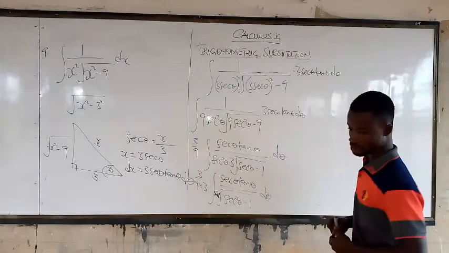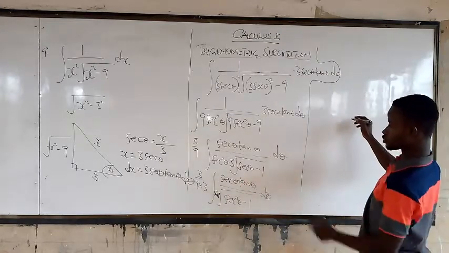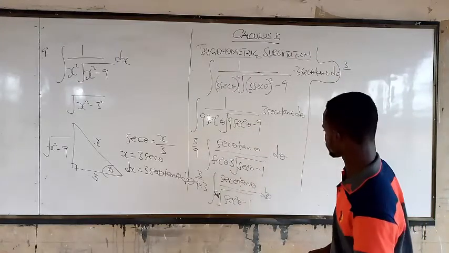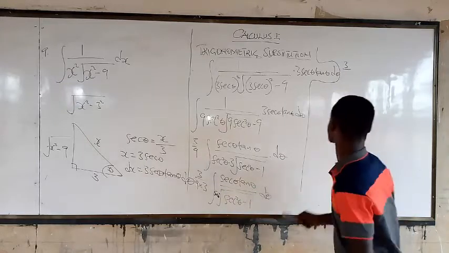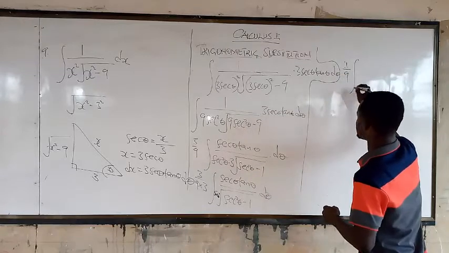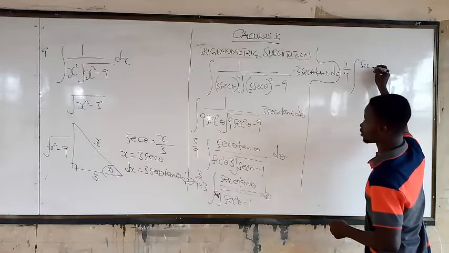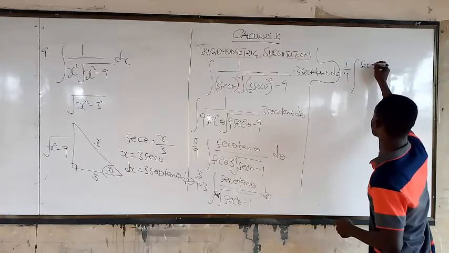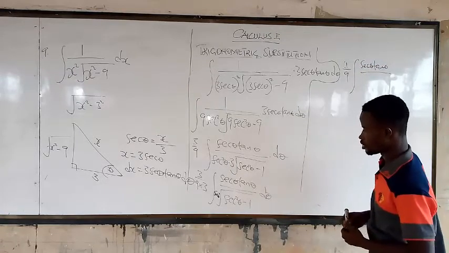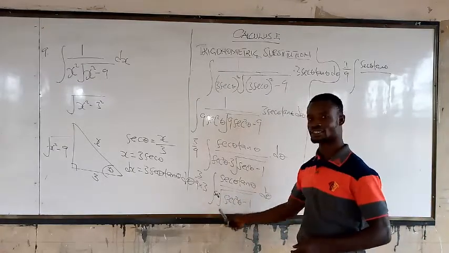Don't forget to bring it. So here we are going to get 3 over, this will cancel this, so we get 1 over 9 integral of sec theta tan theta over, you know that the whole of the inside here is going to be what?